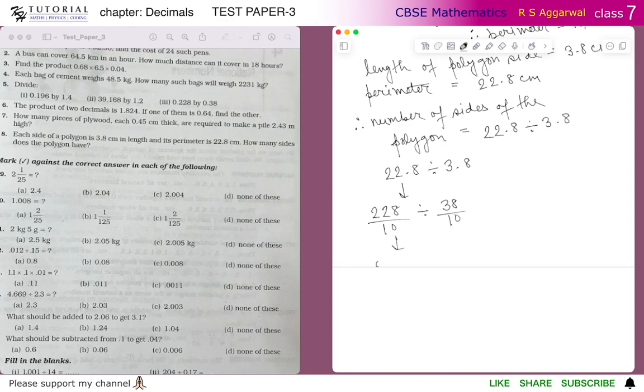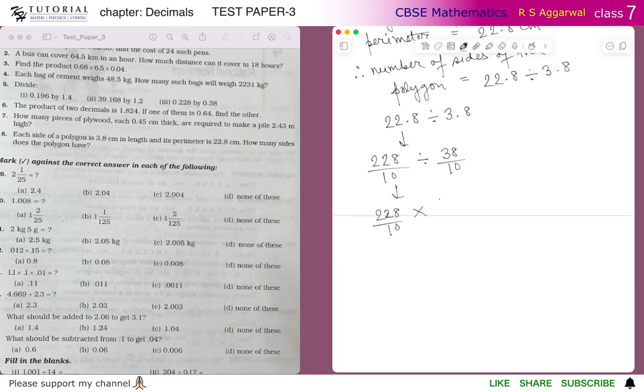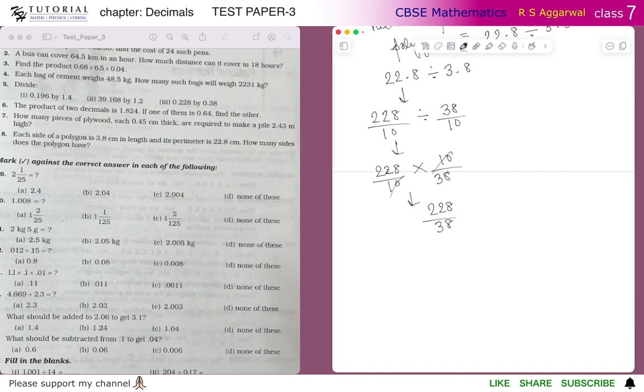Now this is 228 by 10 multiplied by reciprocal of 38 by 10, that is 10 by 38, and 10 gets cancelled out, and we are left with 228 by 38. Let's try to reduce it further by dividing both numerator and denominator by 2, and we get 114 over 19.